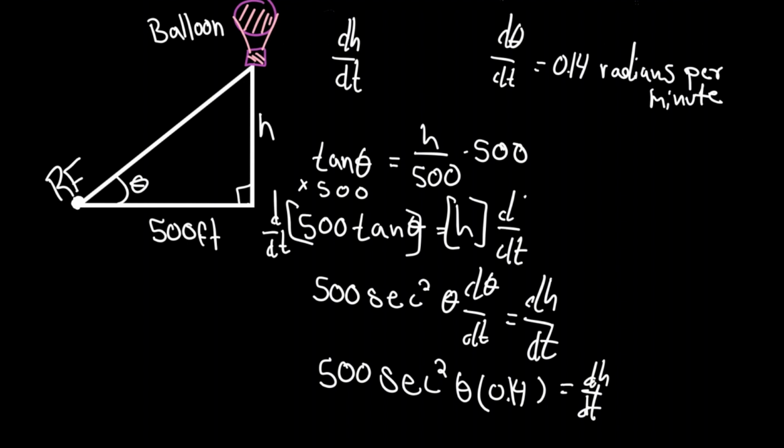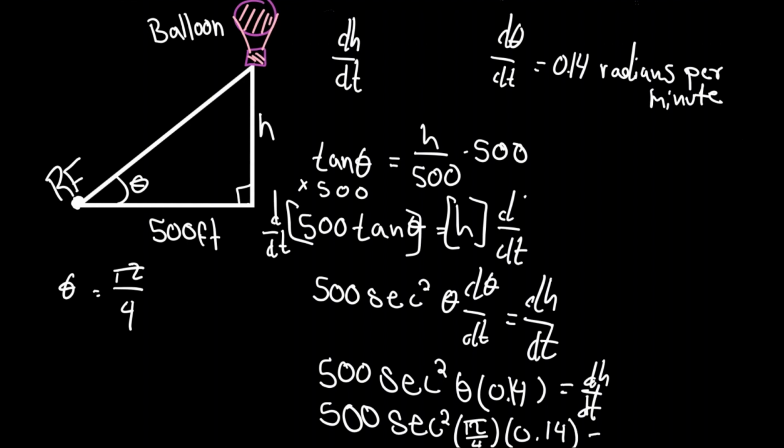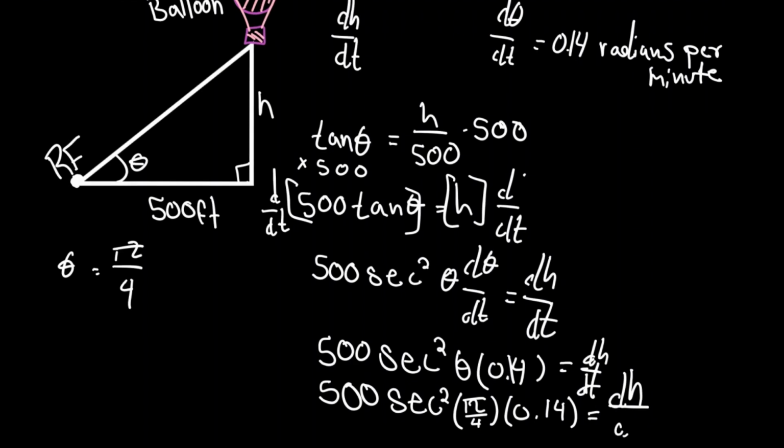So we can substitute that into this equation. So we have 500 secant squared of pi over 4 times 0.14, which is going to give you the rate at which the balloon is rising, dh over dt.